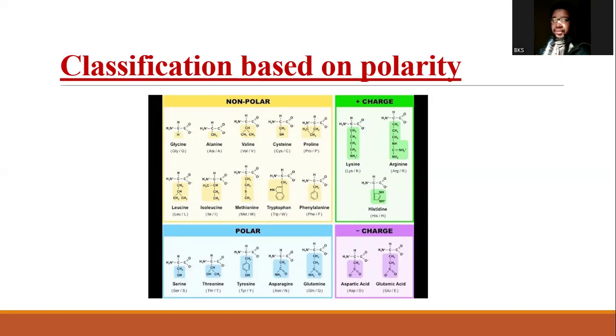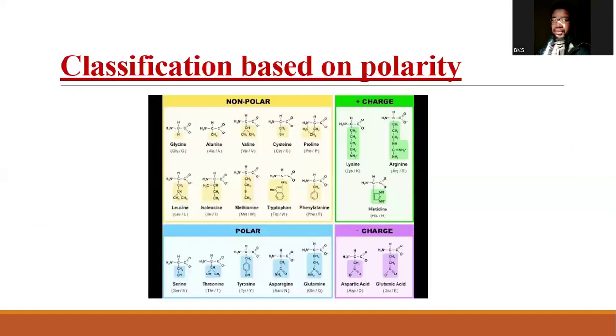Likewise, the polar, because of highly electronegative atoms like oxygen found there. And then we have non-polar amino acids. These find it very difficult to interact with a polar, aqueous environment. Examples are leucine, isoleucine, methionine, tryptophan, etc.